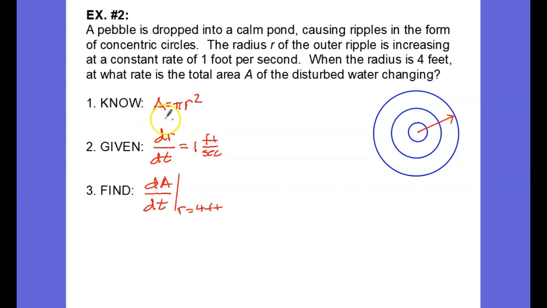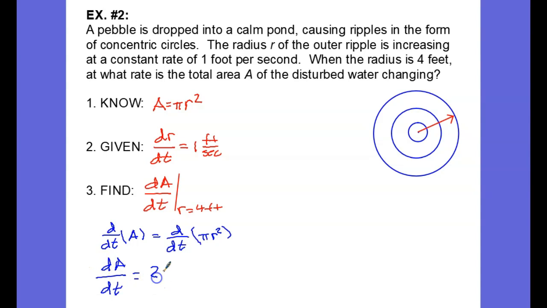So we have a relationship between area and radius. Let's go ahead and differentiate this. And so we're looking for d/dt of the area equal to d/dt of pi r squared. And that's going to give us dA/dt equals 2 pi r dr/dt.